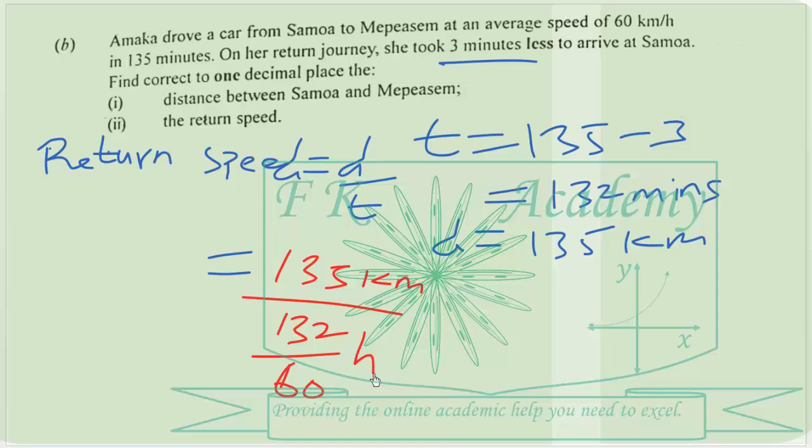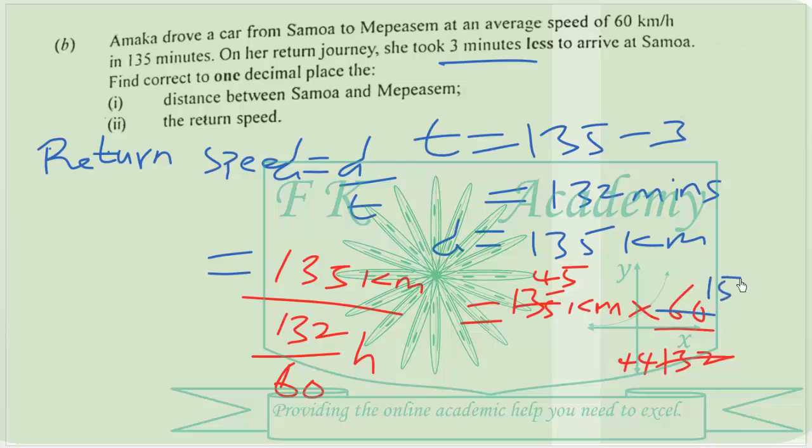So we can simplify this. This will be equal to 135 kilometers times 60 over 132. And 3 will go here 45 times, and 3 will go here 44. Then 4 will go here 15, 4 will go here 11. So when we simplify this, we will obtain 675 over 11 kilometers per hour.